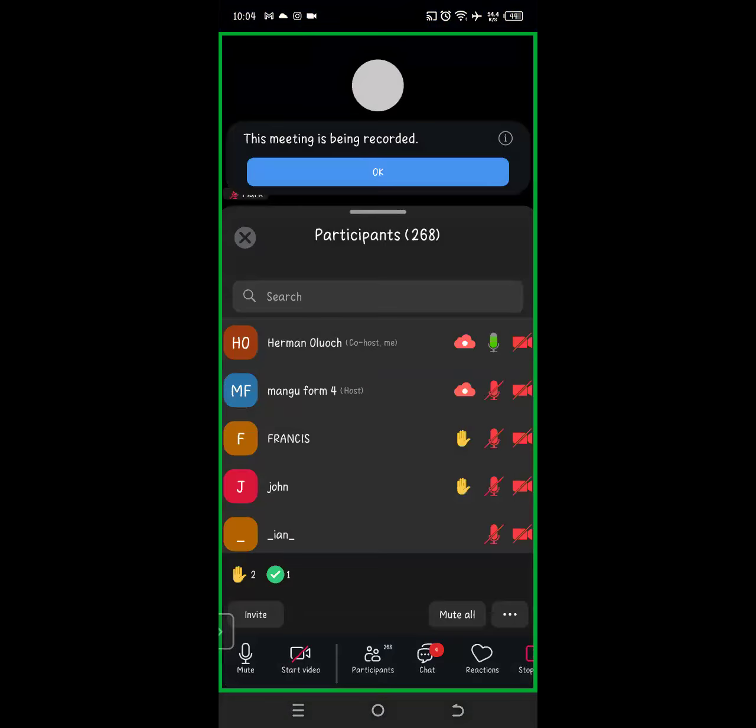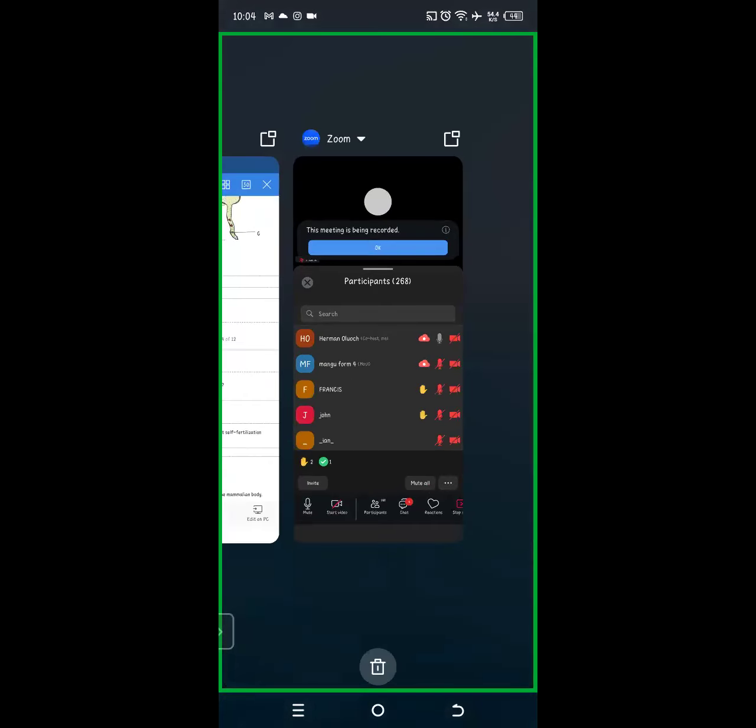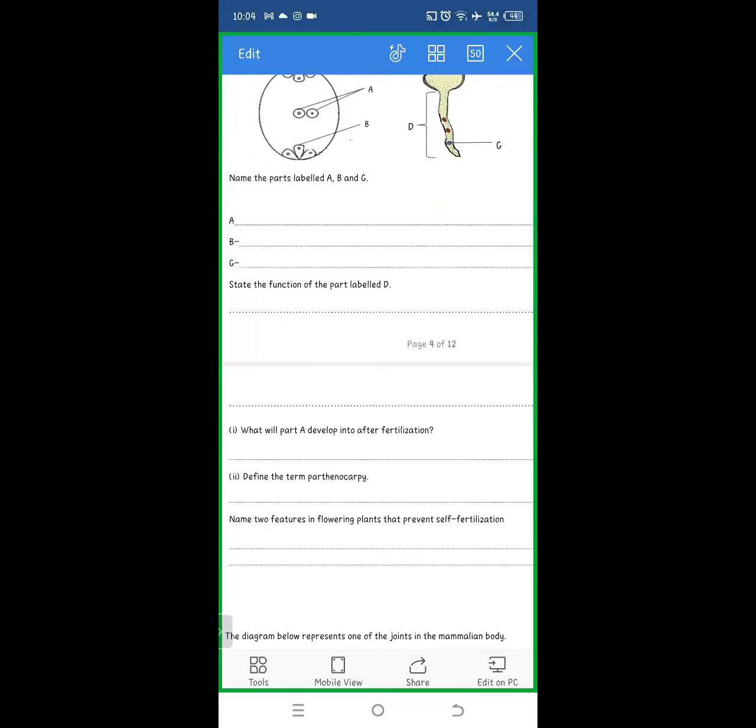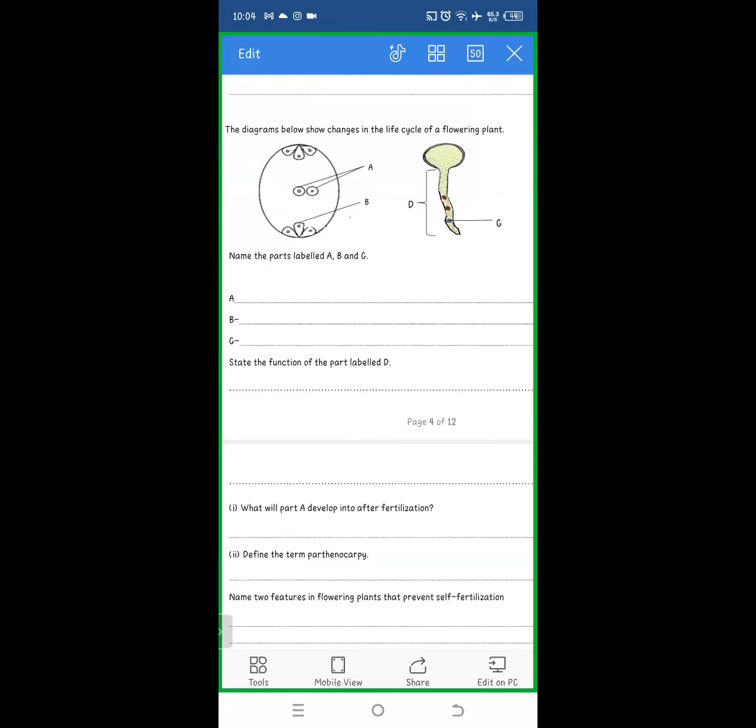Francis, you can unmute. Can you say the endosperm, into the endosperm? A develops into an endosperm after fertilization. We can talk about primary endosperm, okay? Yes, it forms the primary endosperm. Okay, that develops into an endosperm. That is very okay. It is the endosperm.